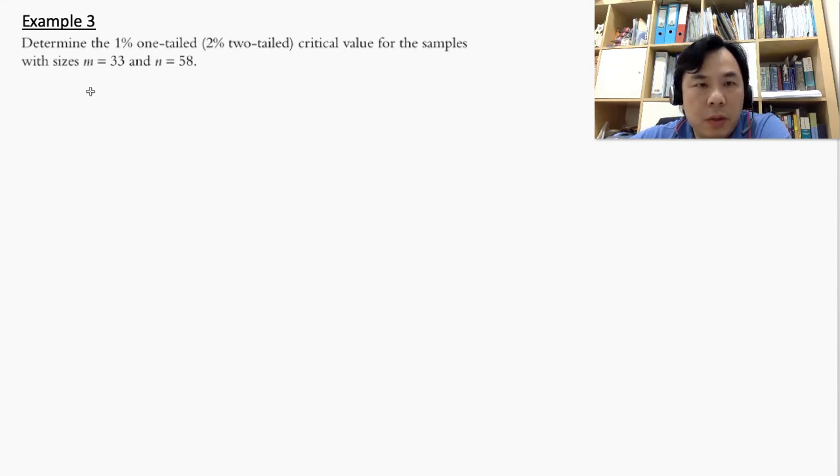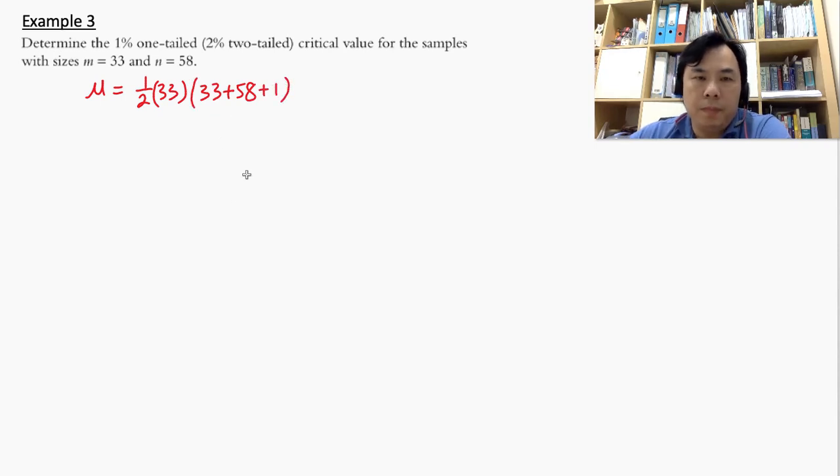So let's determine the mean. The mean is calculated as half m, so m is 33, multiplied by 33 plus 58 plus 1.